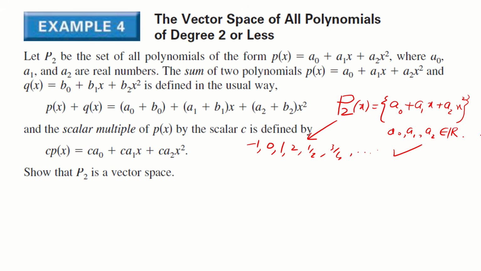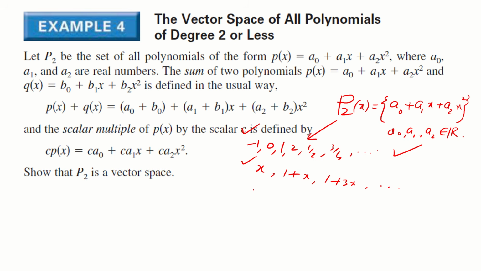The answer is yes. अगर मैं A0 को -1 ले लूँ, बाकी A1 A2 दोनों को 0 ले लूँ, तो yes इसमें सारे शामिल हैं। क्या इसमें लीनियर पॉलिनॉमियल्स हैं? The answer is yes. क्या इसमें x है? The answer is yes. क्या इसमें 1 + x है? The answer is yes. क्या इसमें 1 + 3x है? The answer is yes. All linear polynomials, all polynomials of degree 1, they belong to P2.